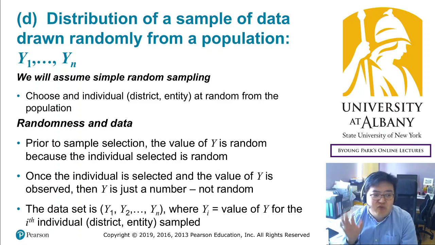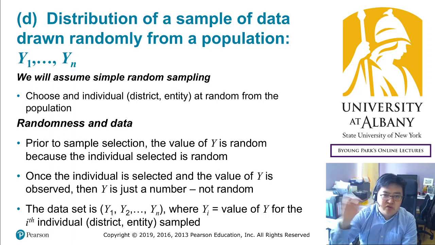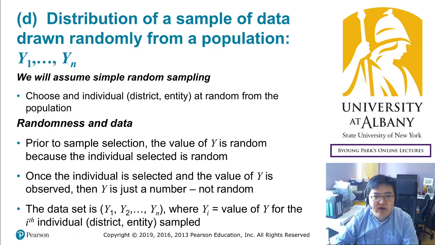So we have to assume that we have just a part of the population, and as opposed to the population, we call that the sample. So a sample is the part of the population that you observe, and that's your data.